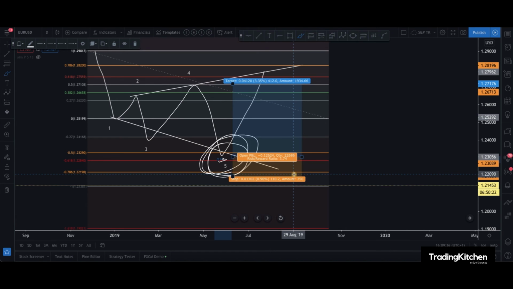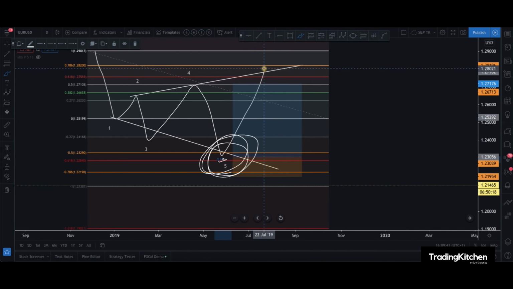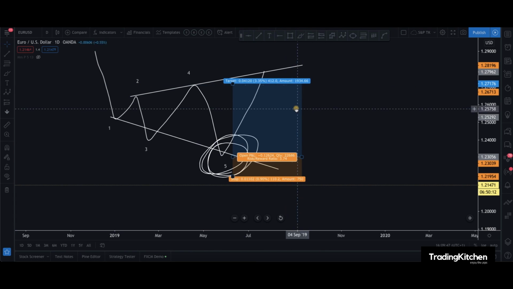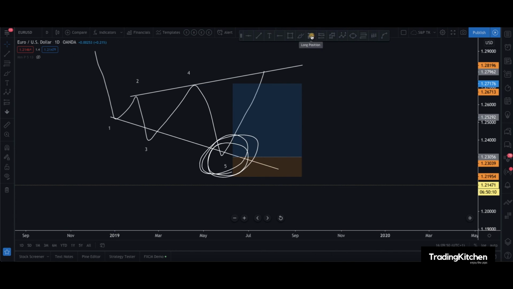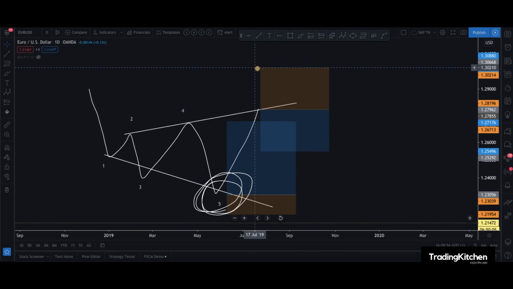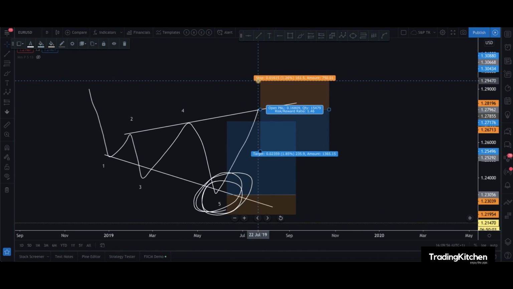Okay, you can open a short position from here as well, with the stop loss above, 2 pips from the last higher low, higher high.